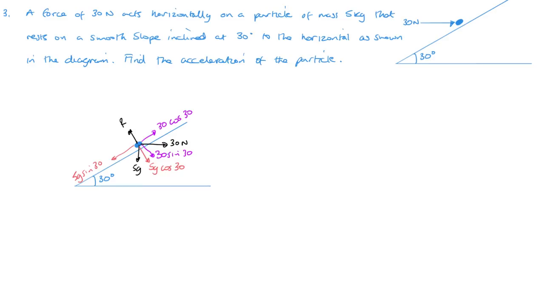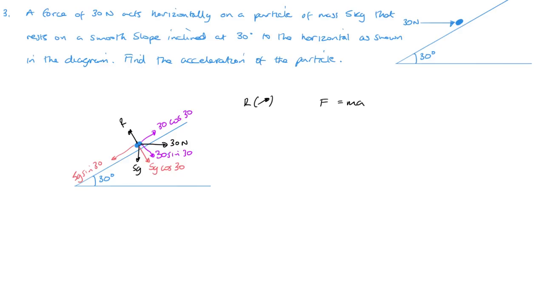Now, in this case, we don't need to find the normal reaction, just the acceleration of the particle. I don't know whether it's accelerating up or down. It looks like it's probably accelerating downwards, but I'm not sure. I'm going to take upwards as positive.